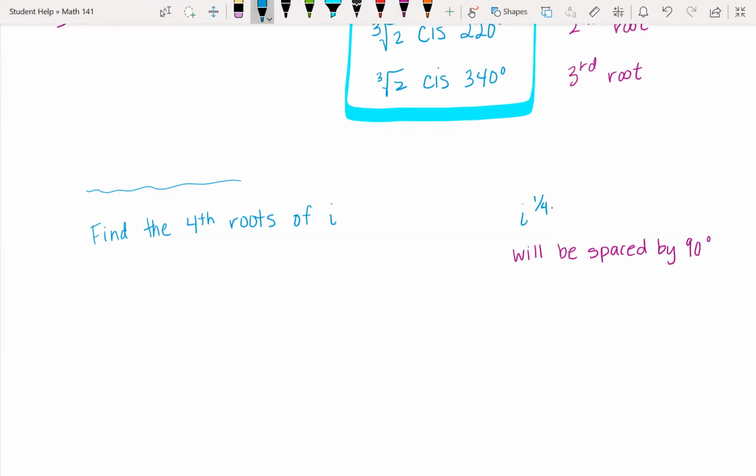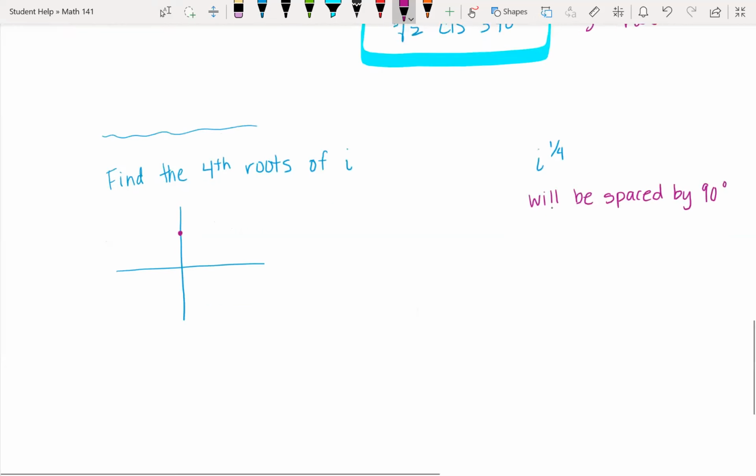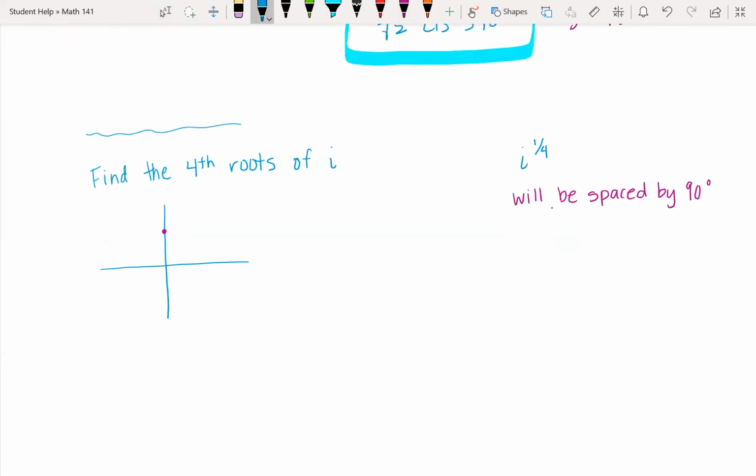And I start by writing this as a trigonometric number. i is going to be right here. So if I want to consider i to the 1/4 power, writing it in trig form, the distance from the origin to i is just going to be a distance of 1. So r is going to be 1, and the angle is 90 degrees.